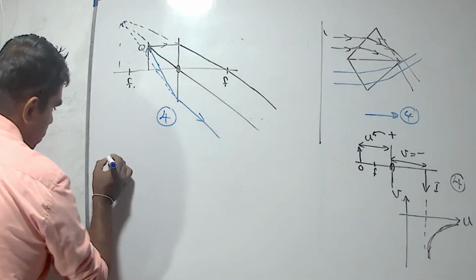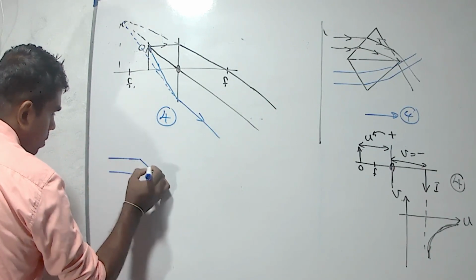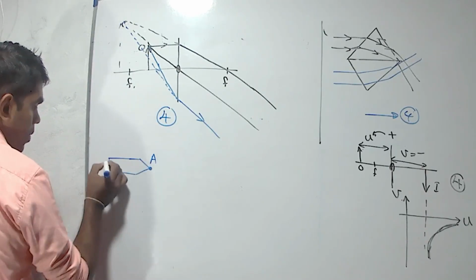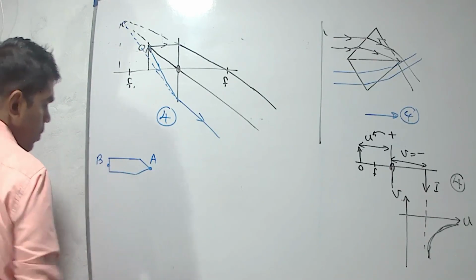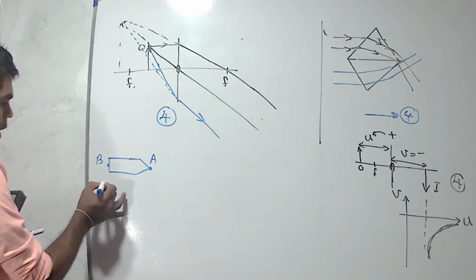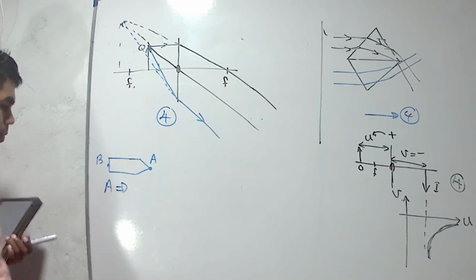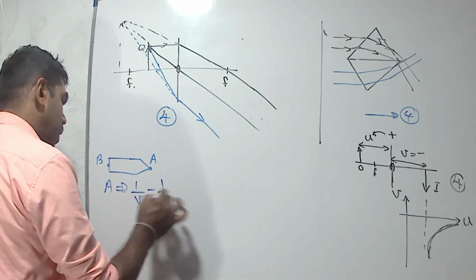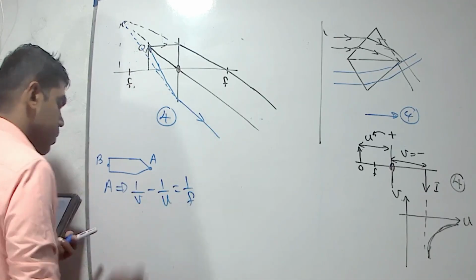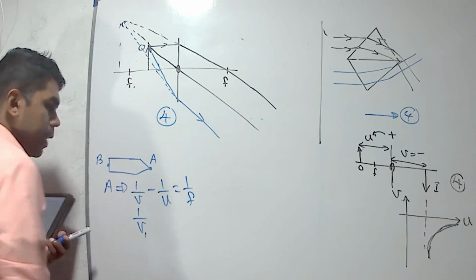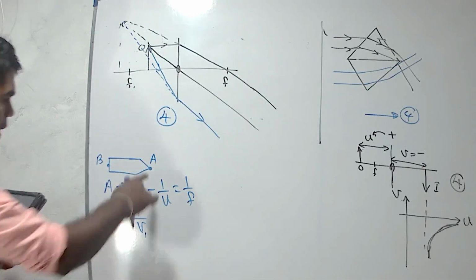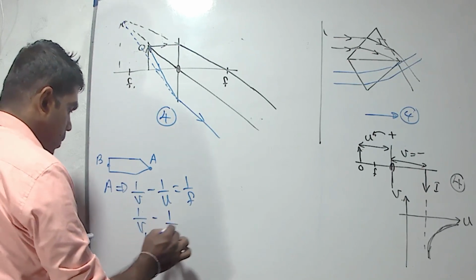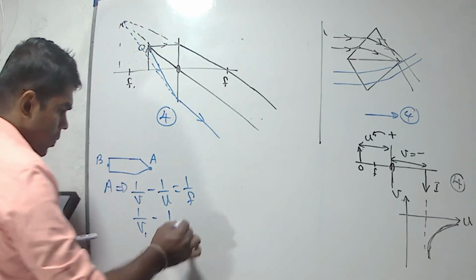I will consider this end of the pencil as A, this end as B. I will consider the point A and I will use the lens formula, 1 over V minus 1 over U equals 1 over F. We have to find the image distance for the point A. You can obtain object distance is 20, it is the plus value.